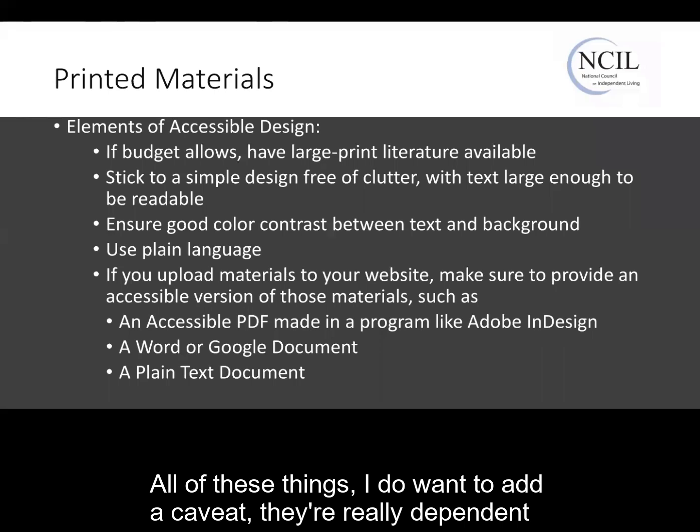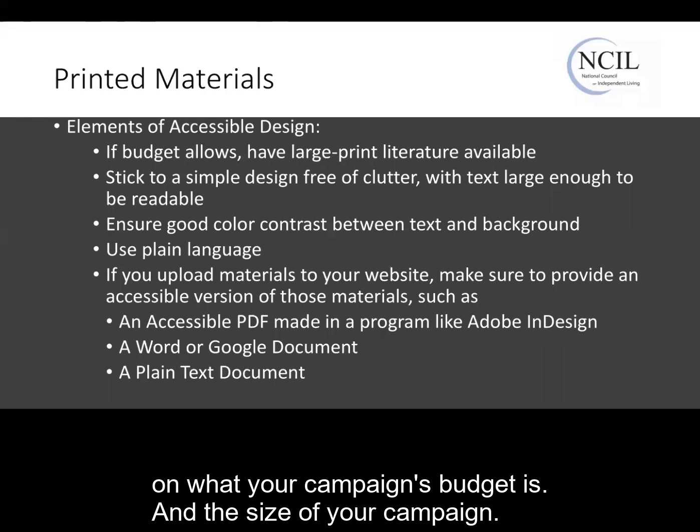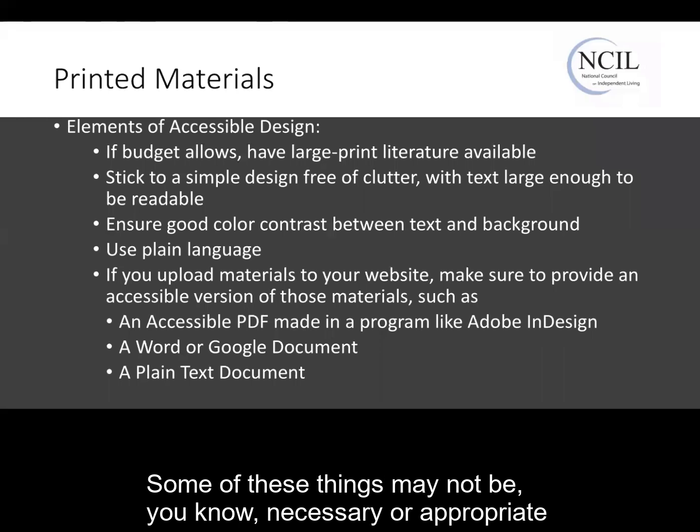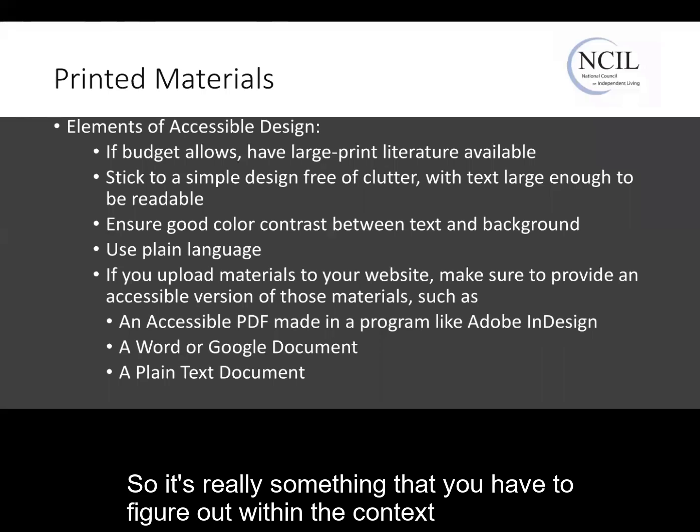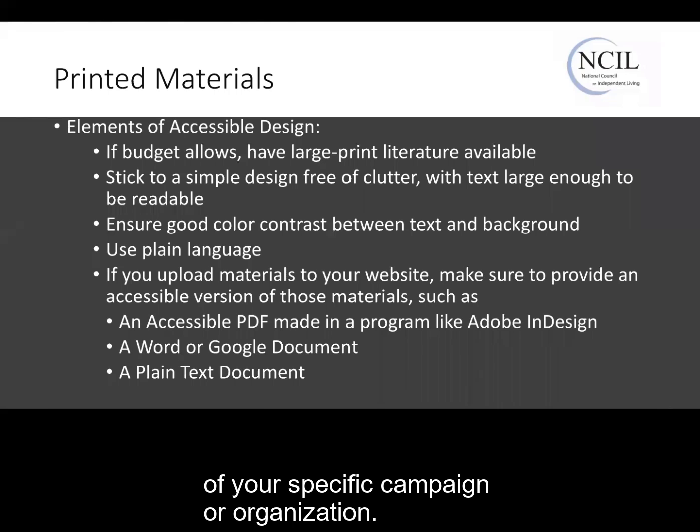All of these things, I do want to add a caveat, they're really dependent on what your campaign's budget is and the size of your campaign. Some of these things may not be necessary or appropriate based on running a local campaign, or they might be. So it's really something that you have to figure out within the context of your specific campaign or organization.